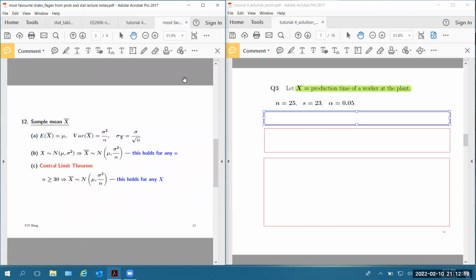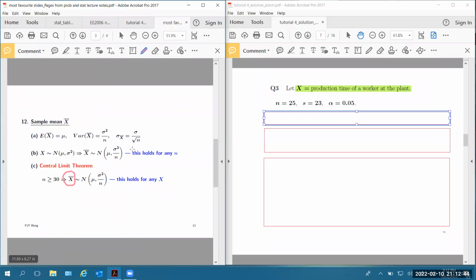N greater or equal to 30 implies what? X bar is approximately normal. That's central limit theorem. So central limit theorem has got to do with X bar. It has nothing to do with X.